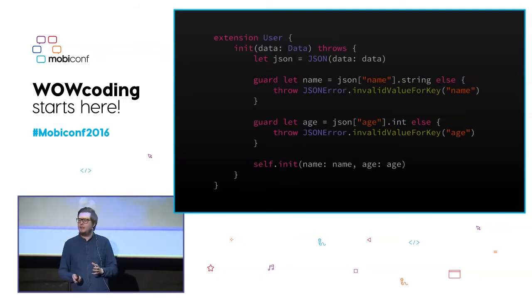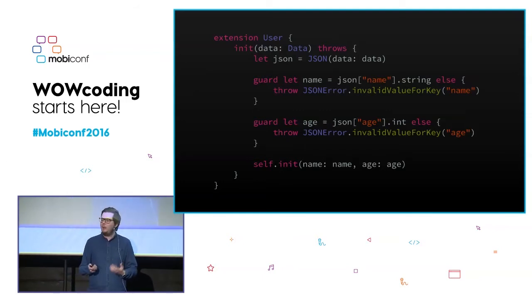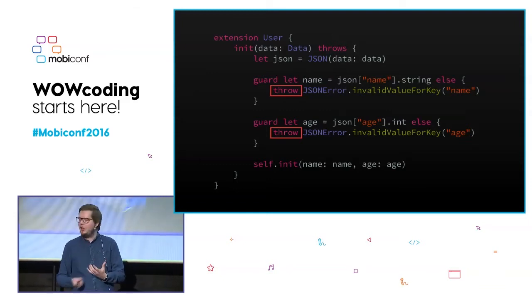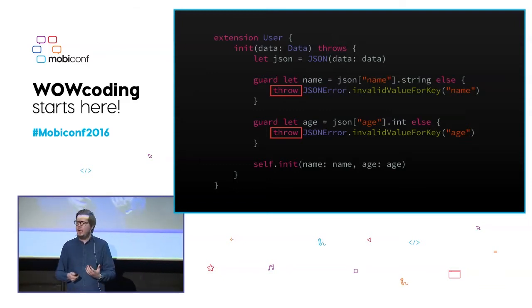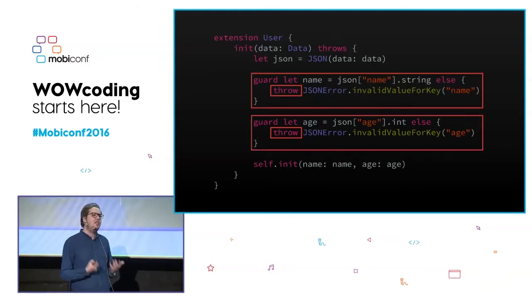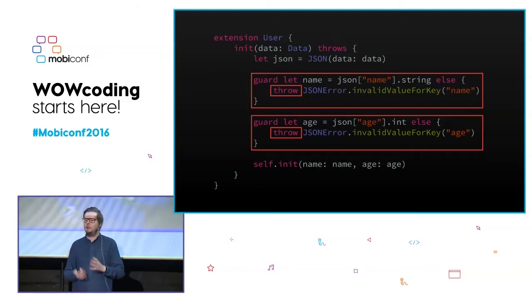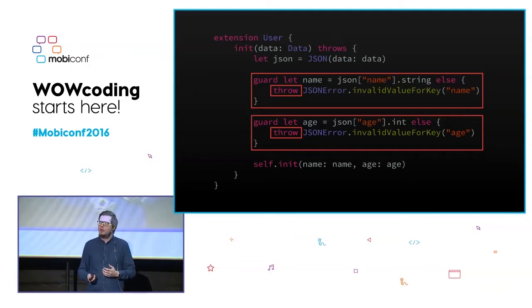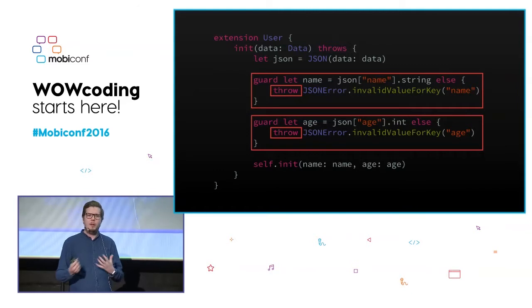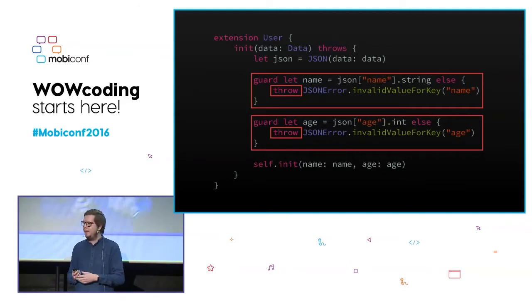I thought this was really nice, but it still had the problem of these multiple exit conditions. I still had to do these manual throws all over the place, and I had to test them in every single model. I also still had this repetition going on, so it wasn't really solving my problem of having these long initializers with a lot of verbosity. That made me feel like maybe this is not the best fit, and maybe I can find something better.